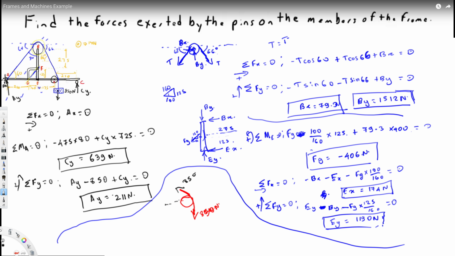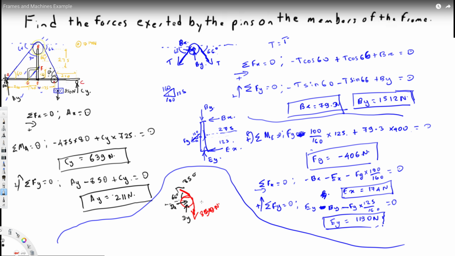If I draw a Z line, it's going to be the same angle here, 66 degree. So it means this is making 66 degree right here. Also we have dx, dy acting on it.